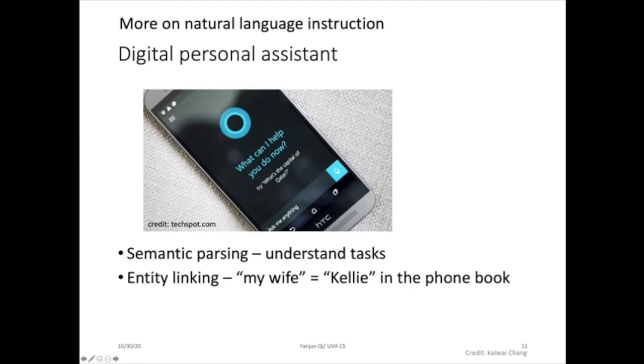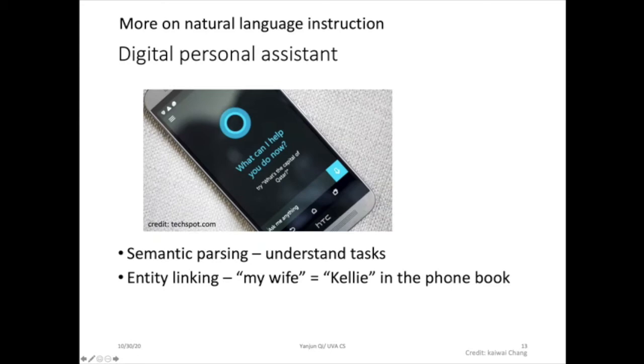And one more: in terms of the digital personal assistant, you also have to understand people's pronouns or this kind of reference, right? For example, you may just talk to Alexa saying, can you open my light?